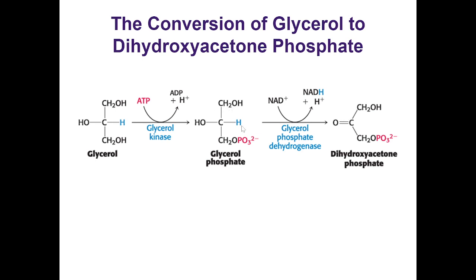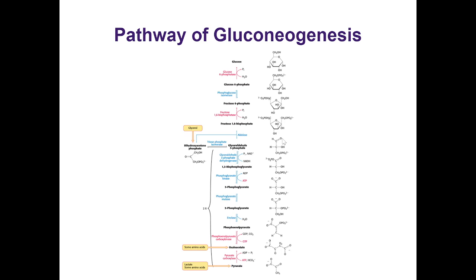So one of these H's comes off and one of those H's, and that makes the carbonyl bond. Again, that's an oxidation there, isn't it? Okay. And this gives you the dihydroxyacetone phosphate. Notice again, that's that DHAP, right? Okay. This right here is the pathway of gluconeogenesis spelled out in all its glory.